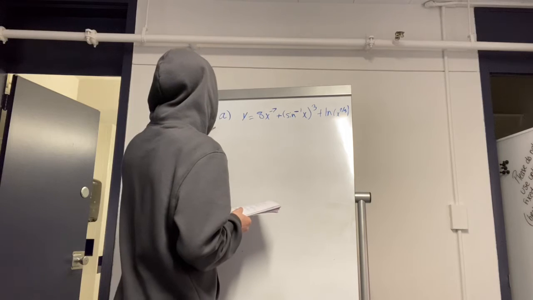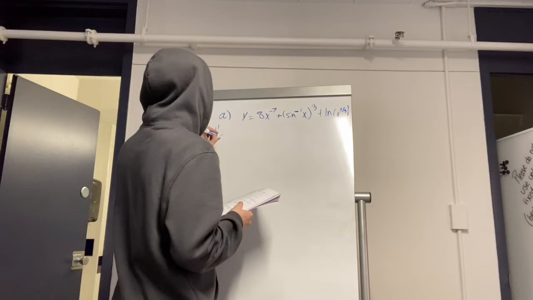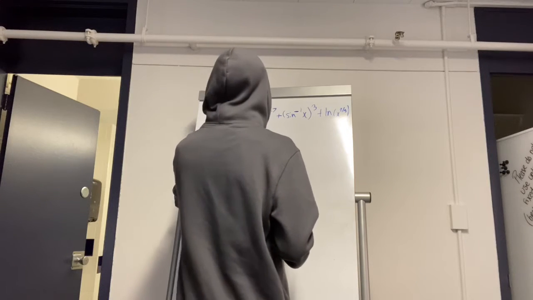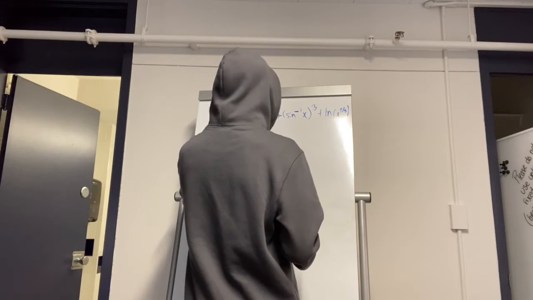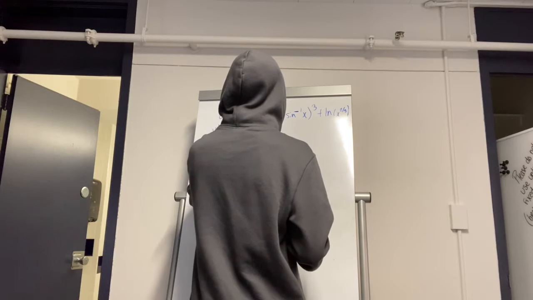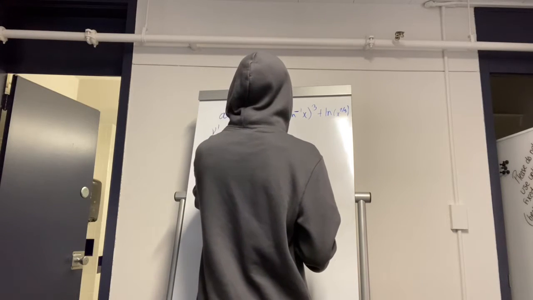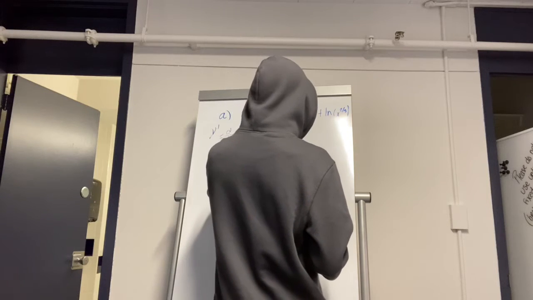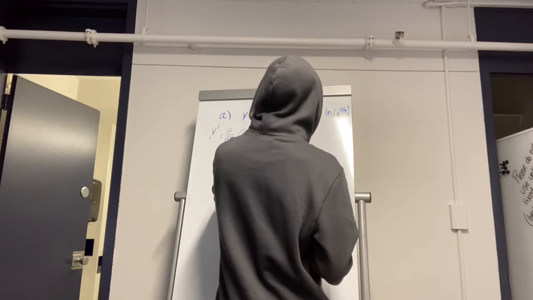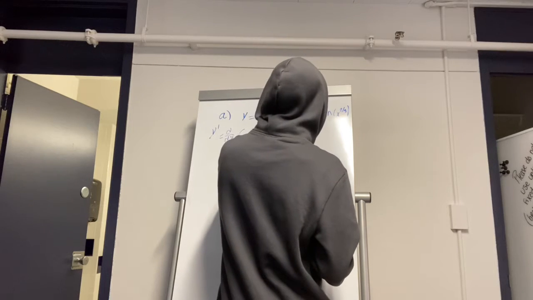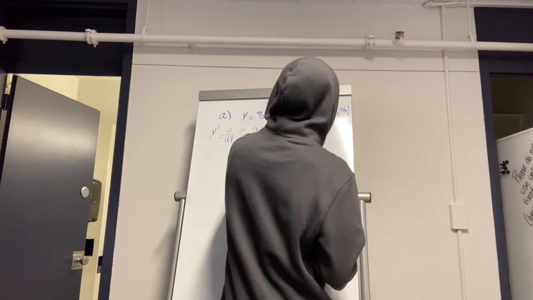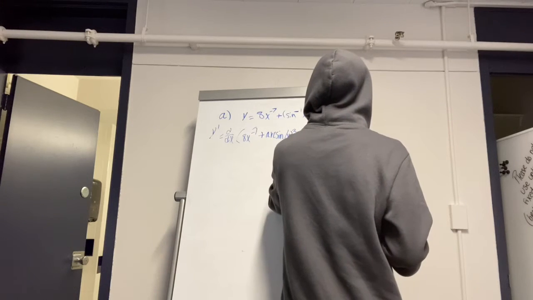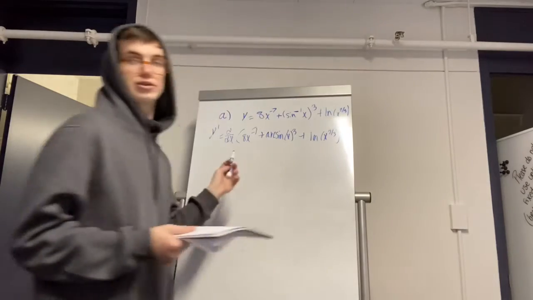We will start off y prime equals d over dx 8x to the negative 7th plus arc sine of x cubed plus natural log of x to 2/3. For now, we are just doing algebra.